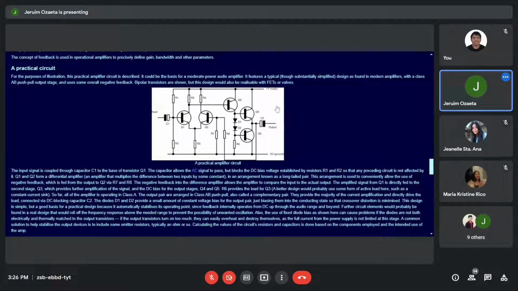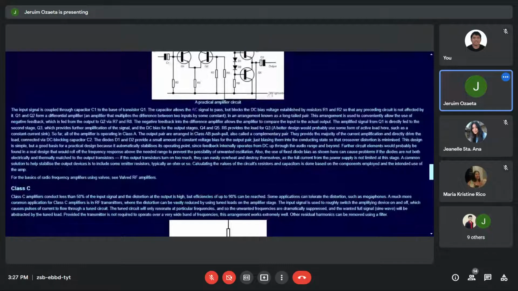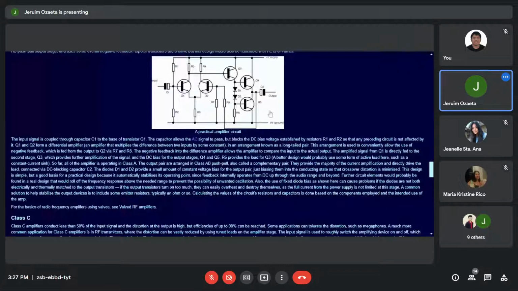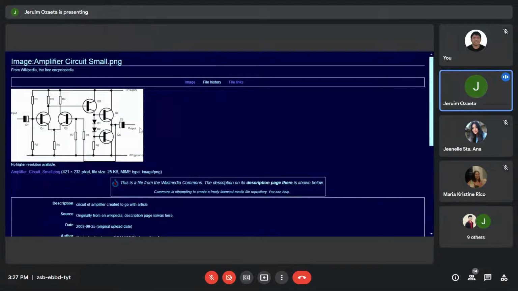Ayan. From the VCC through R sub 4, Q2 has two resistor biases at R sub 7, R sub 8. Okay. Tingnan natin anong laman nito. Hindi na makita. Anyway.